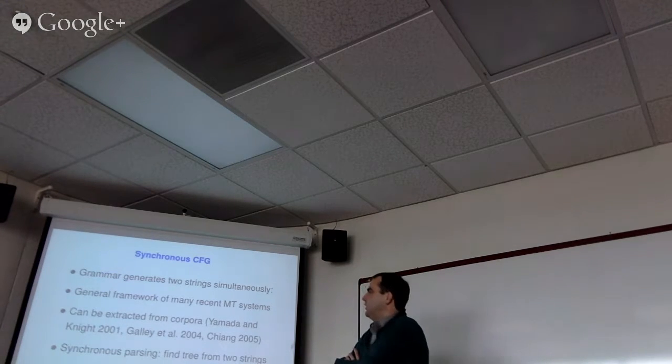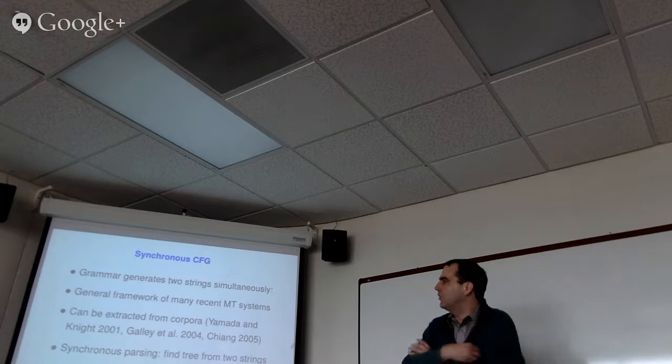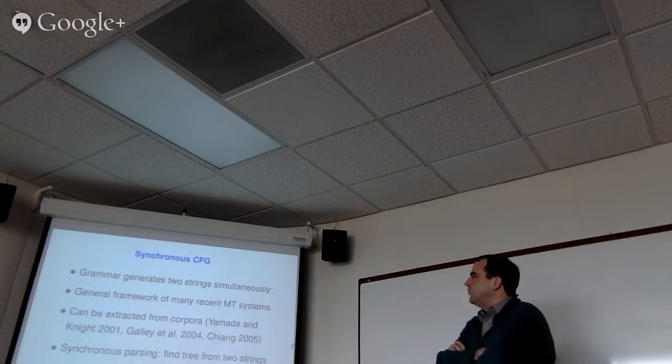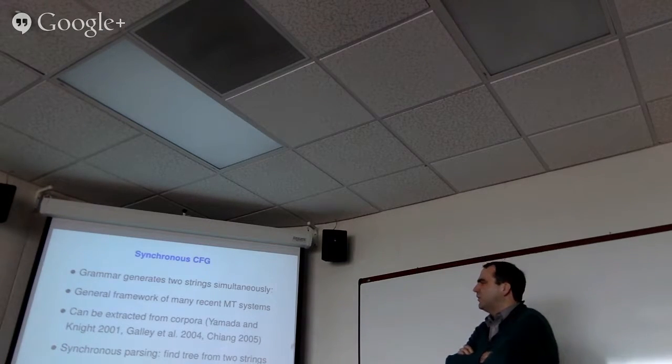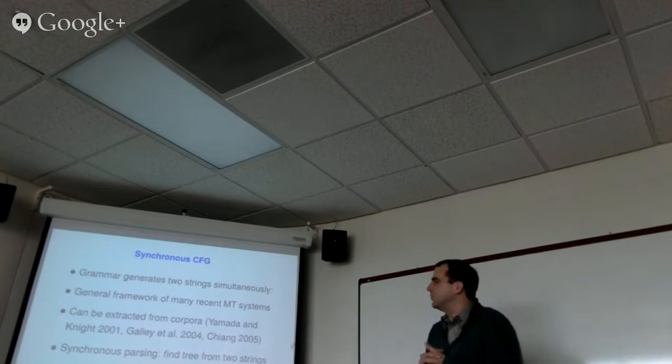And the grammars are extracted from corpora, so you have documents in Chinese and English, and you extract rules, learning grammar. And so parsing with the synchronous context-free grammar means parsing two strings at the same time.